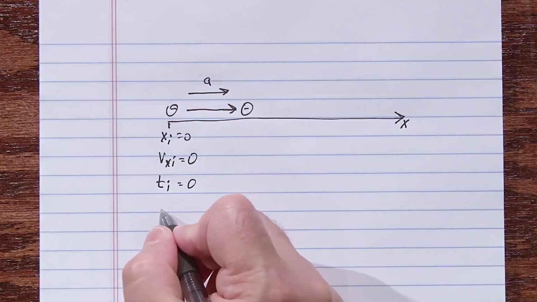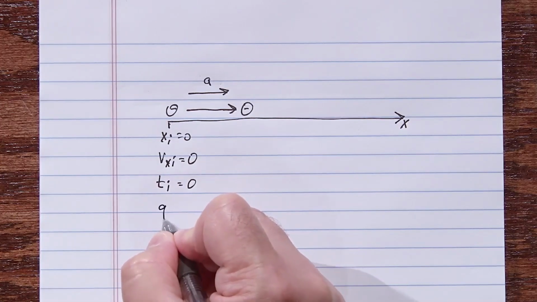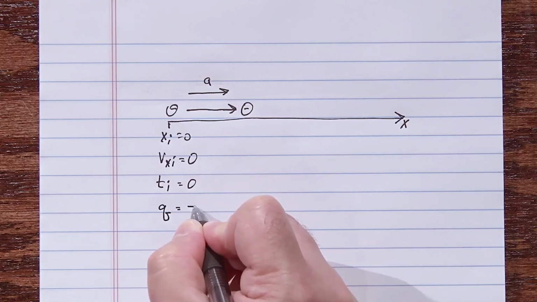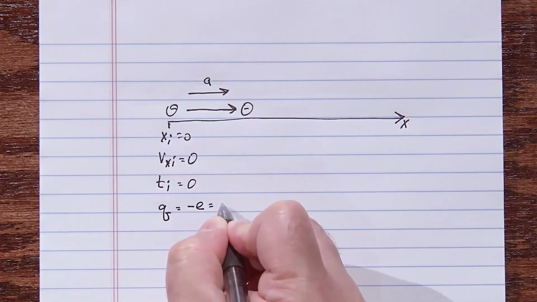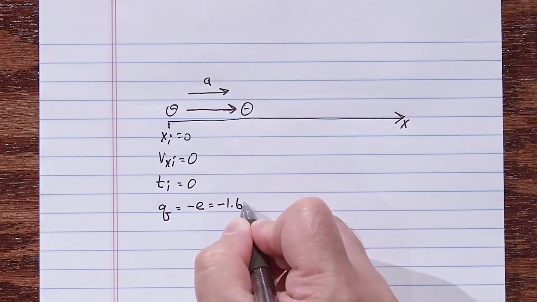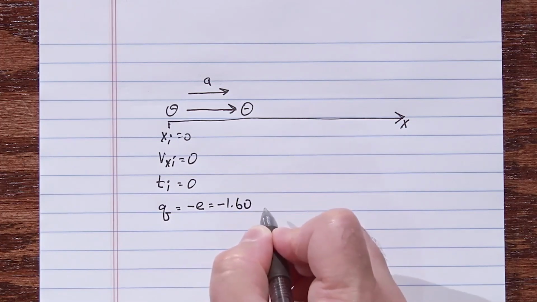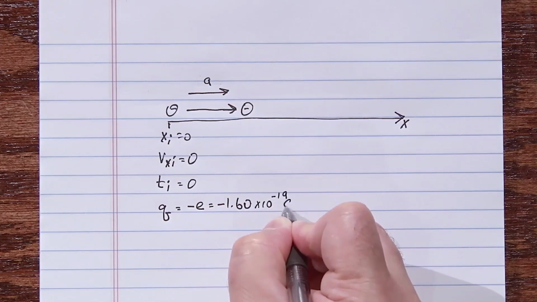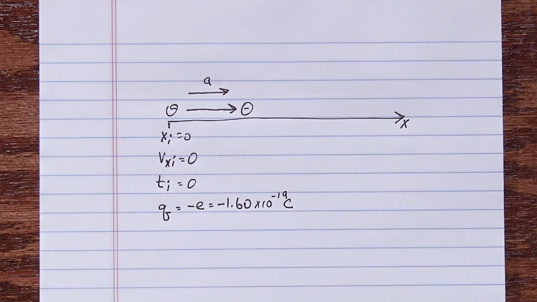We also know that the charge on the electron, Q, will be minus e, or minus 1.60 times 10 to the minus 19 coulombs of charge.